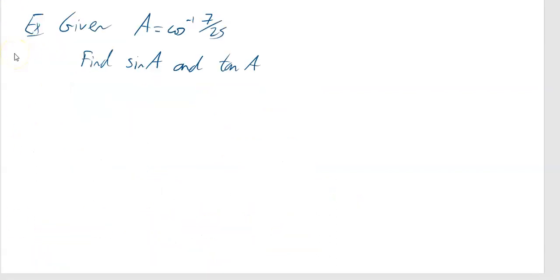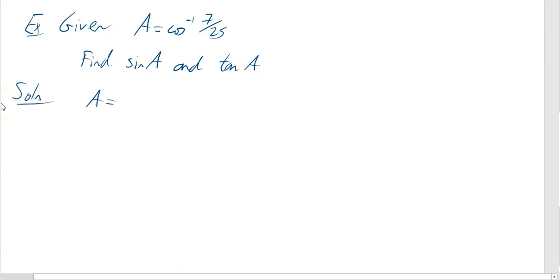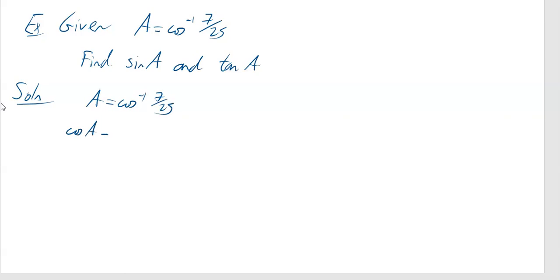Okay, for those of you who needed the extra example then, it was given that a is equal to cos to the minus 1 of 7 over 25, find sine a and tan a. So it's exact values, I think it would say in the question. So the solution of this is very easy. You're told a is equal to cos to the minus 1 of 7 over 25. That means cos a equals 7 over 25.